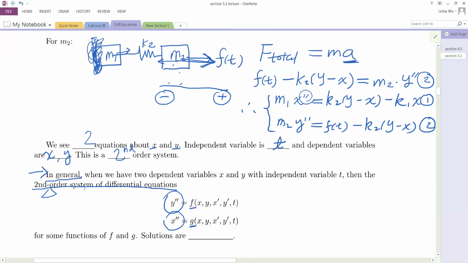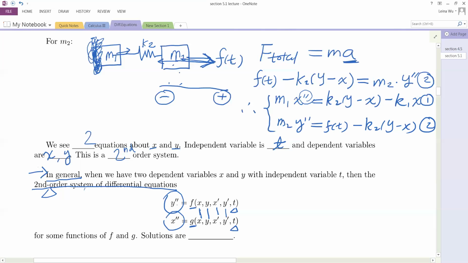The function might be related to the independent variable t. Also, x and y appear in the function, along with first order terms, just any order that's lower than the highest order, for some functions f and g.